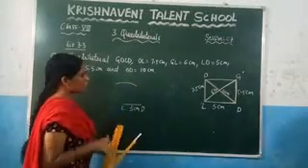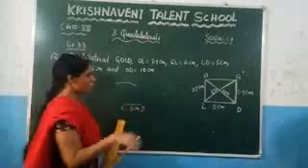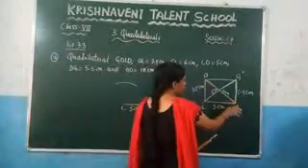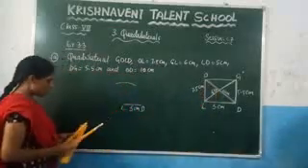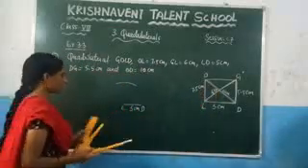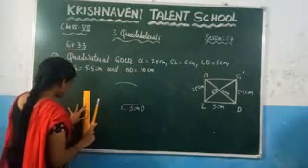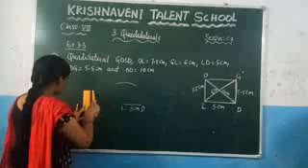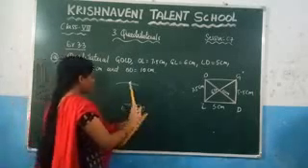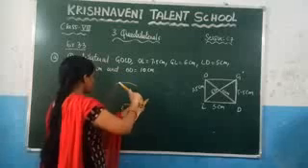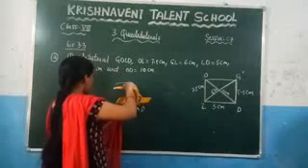And after that, since we want to construct a triangle, you need to draw the diagonal. So what is the length of OD, which is given as 10 centimeters. So here you need to take the length of 10 centimeters. So let us take here, this is 10 and this is O. So at this point you need to make an arc of 10 centimeters.